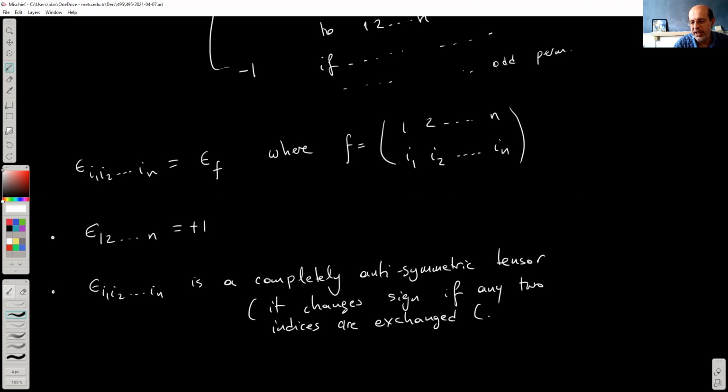In permutation language, a transposition is applied, and we know that a transposition is an odd permutation. So under a transposition, the signature changes sign. If you add just one transposition, the signature changes sign. So this property of being completely antisymmetric is consistent with this.